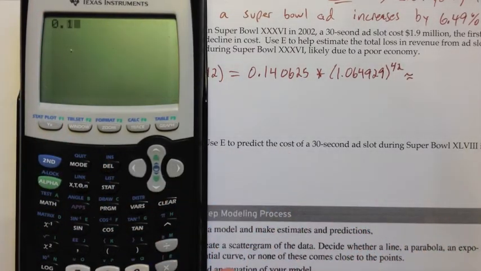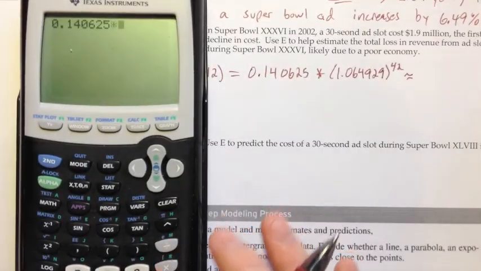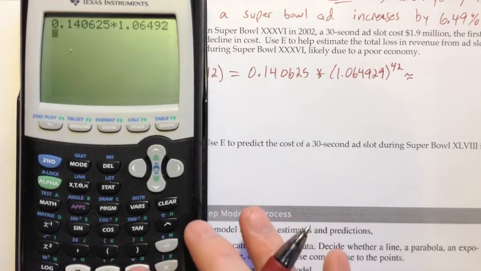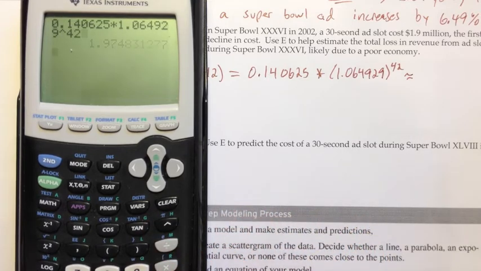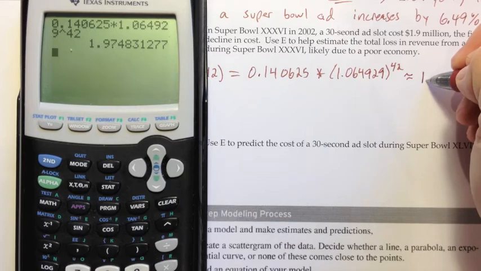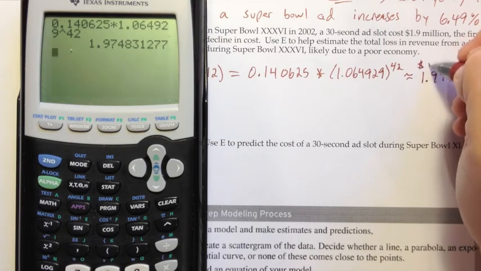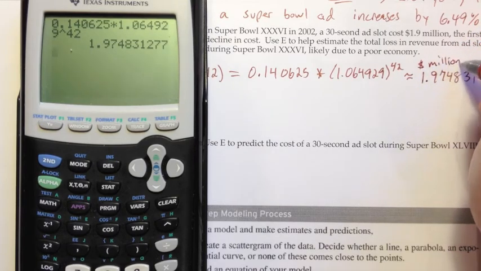So 0.140625 times 1.064929 raised to the 42nd. And this is in millions of dollars. I get 1.974831. 1, 2, 3, 4, 5, 6. That would allow us to go to the nearest dollar. And that is in millions, right? So it's dollars, but millions of dollars.